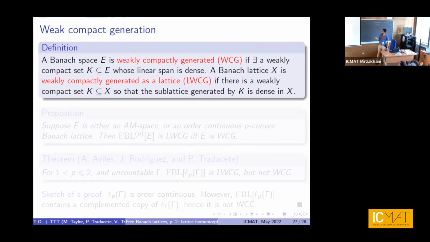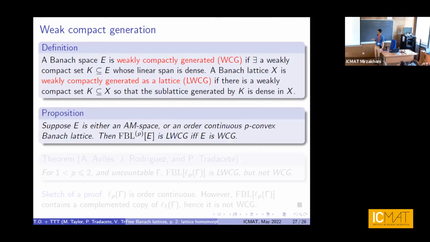So the vector lattice generated by K is dense in X. And the question asked by Joe Distal was, well, clearly a Banach lattice which is WCG must also be LWCG. So his question was whether the converse is true, that if X is weakly compactly generated as a lattice, whether it's going to be weakly compactly generated as a Banach space. And well, spoiler, the answer is negative, but we'll get to it maybe in a minute.